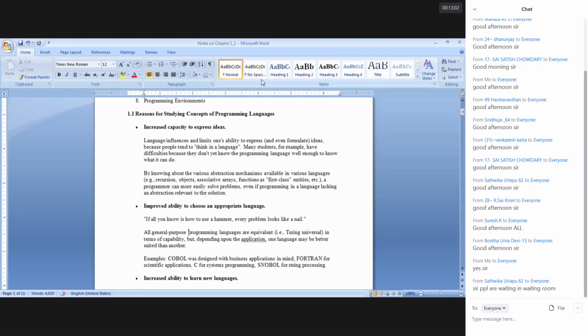Otherwise, if you have only one language, you can achieve the goal with available features, but in another programming language that feature might have been incorporated and can be used easily.